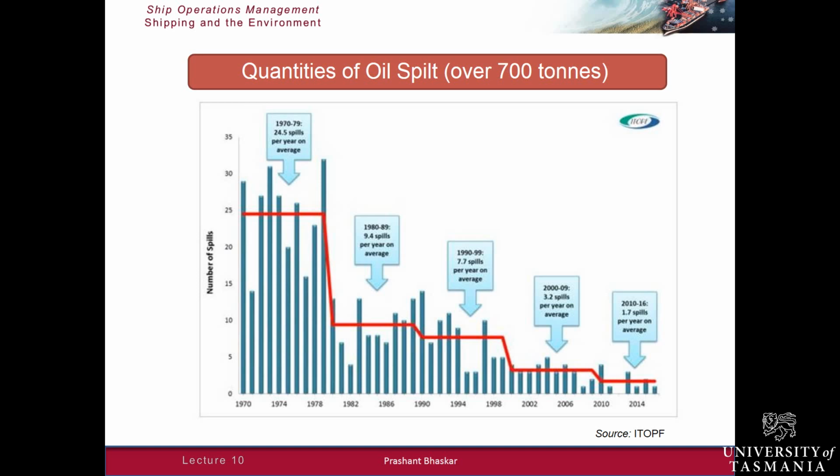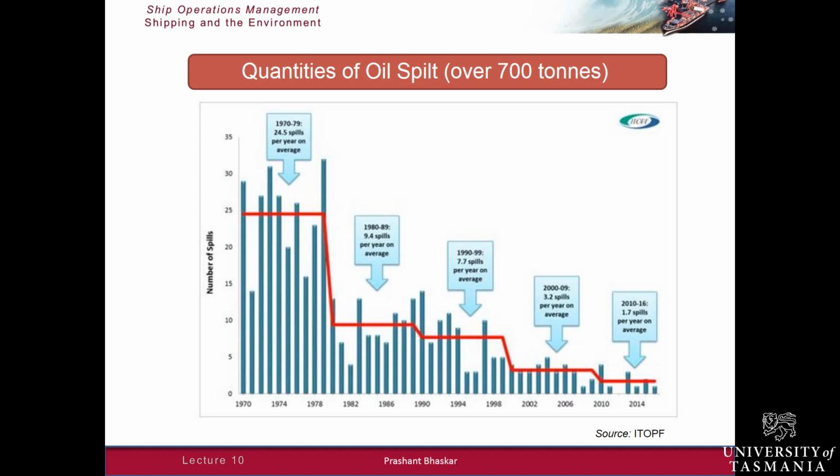ITOPF maintains a database of oil spills from tankers, starting from the 1970s. What you would find is that the incidence of large spills is relatively low, and sometimes detailed information is not available. So I think what we should look at here is the trends.